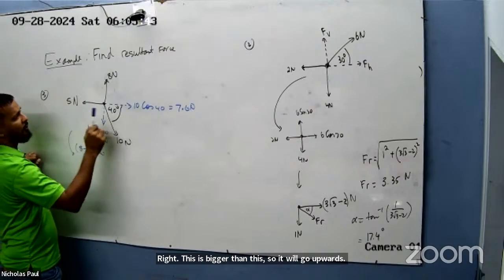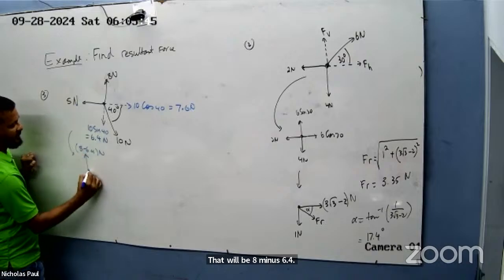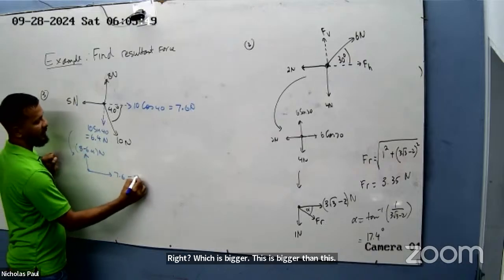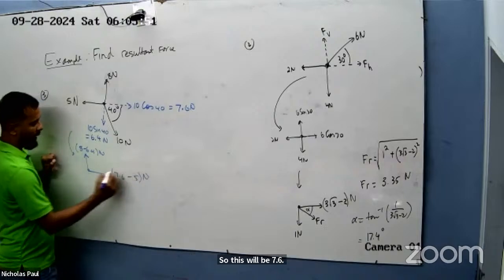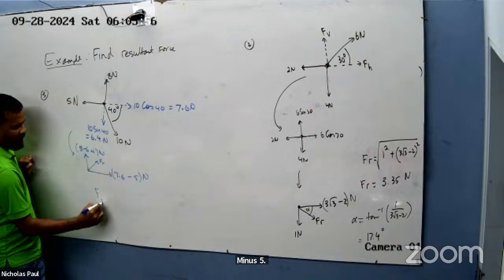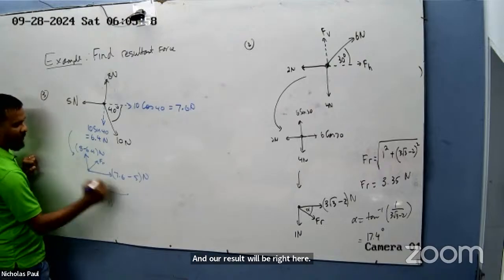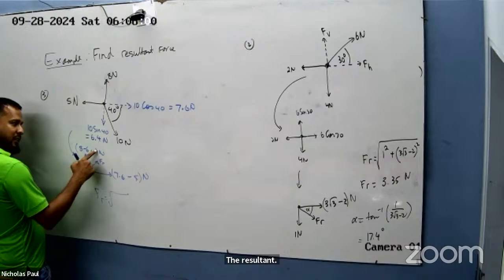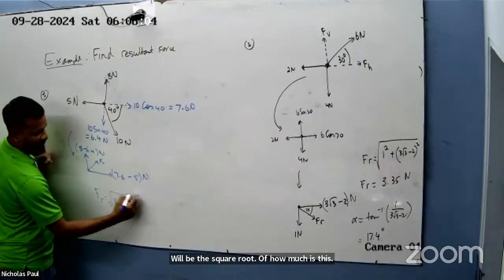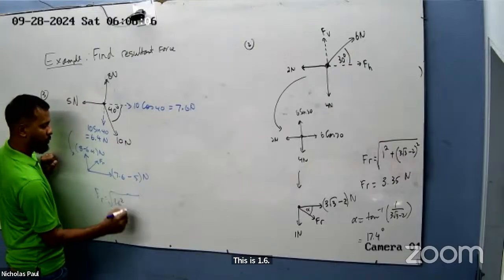Right? Which is bigger? This is bigger than this. So this will be 7.6 minus 5. And our resultant will be right here. So the resultant will be the square root of, how much is this? This is 1.6. And this will be 2.6.